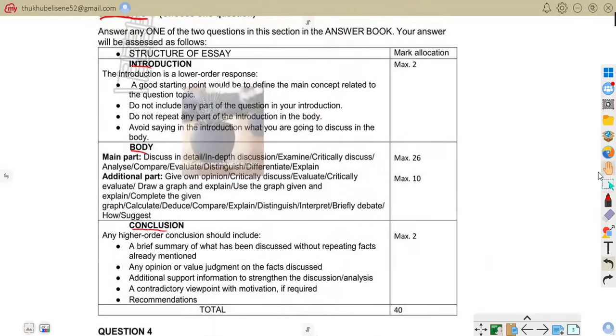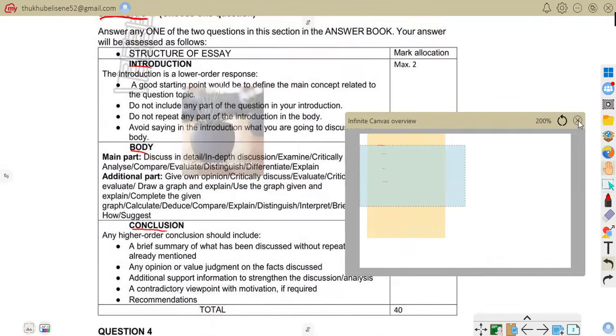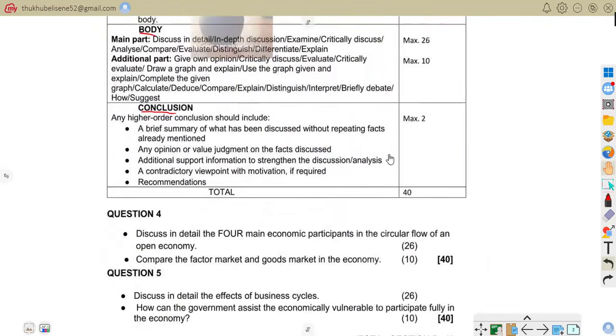But now let's quickly attend to question 4. Here we are on our question 4, as it is: discuss in detail the 4 main economic participants in the circular flow of an open economy.